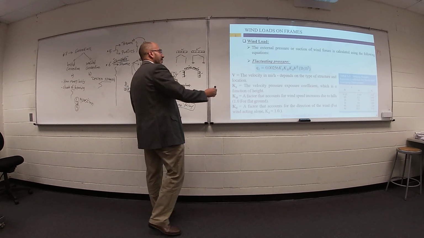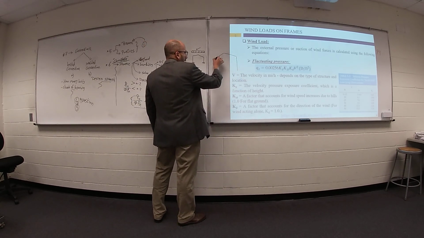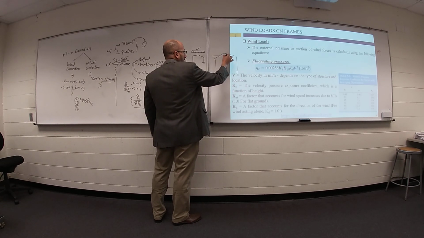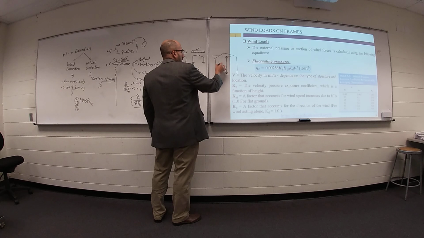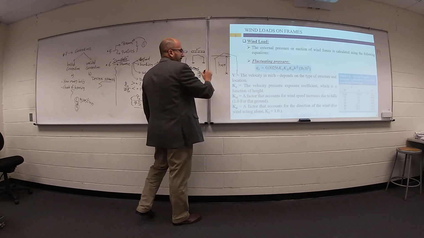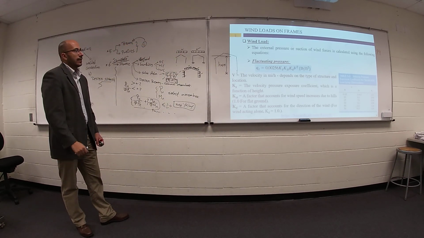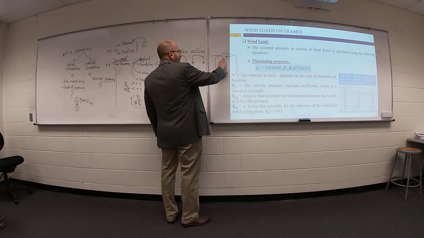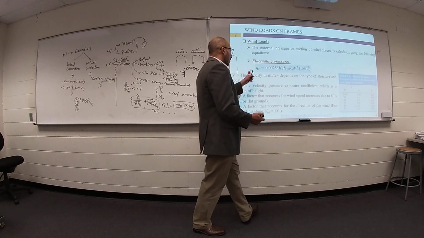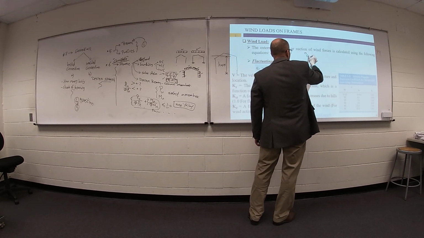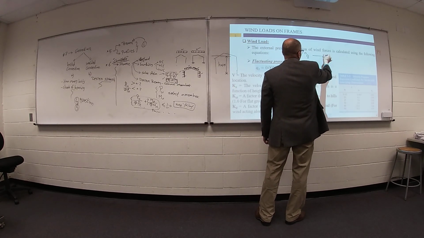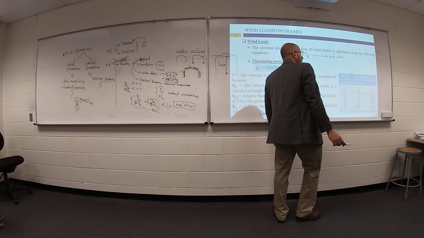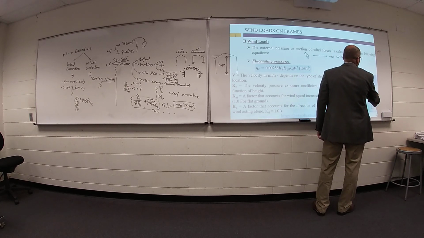You are lucky if your average height is less than or equal 15. If your average height is less than or equal 15, that means we have one value for QZ, because we have only one value for KZ.